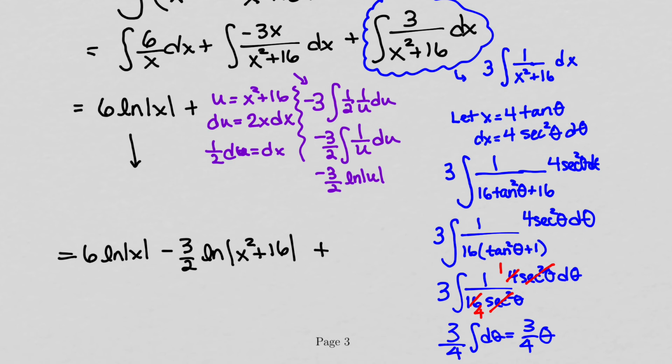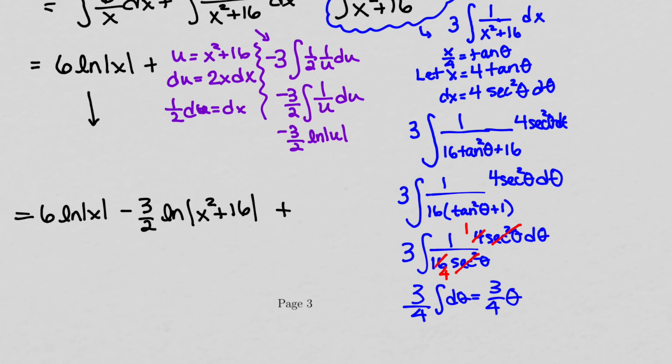Theta is the angle whose tangent is x over 4, right? So if I'm looking at what theta is, I'm looking back over here and saying x over 4 is tan theta. So theta is just the inverse tangent of x over 4, right? Theta is just the inverse tangent of x over 4.